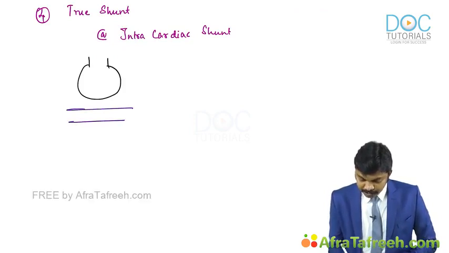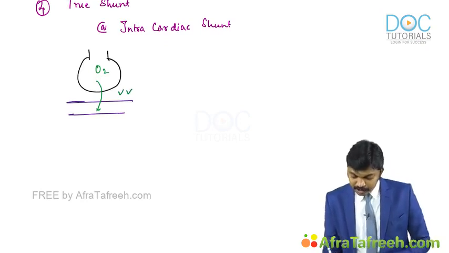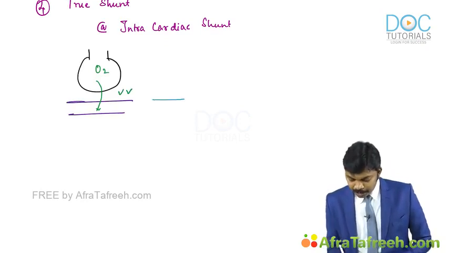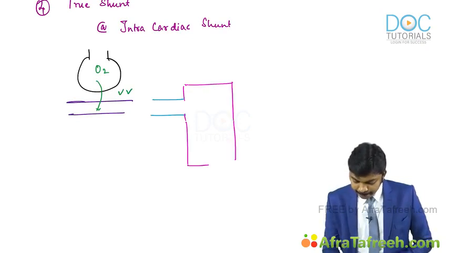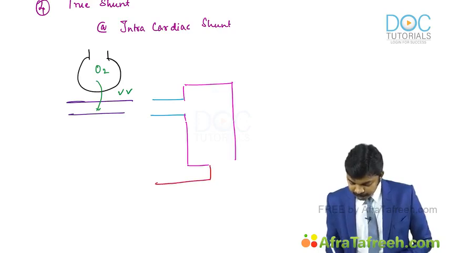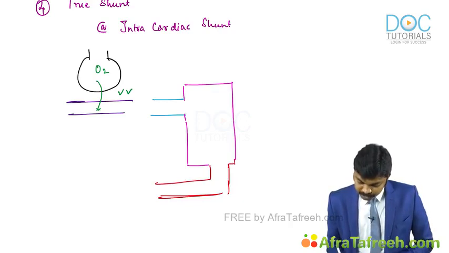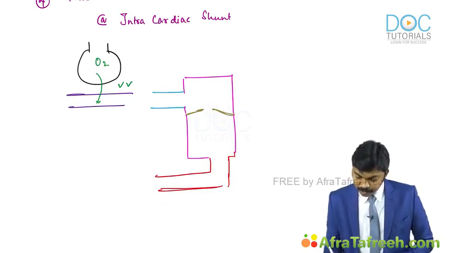Oxygen transfer from alveolus to capillary is absolutely normal, as this blood goes to the pulmonary vein and the pulmonary vein goes to the left atrium. As this goes to the left ventricle, let us take up the aorta here. Let us consider the AV valves, the mitral valve in this case.